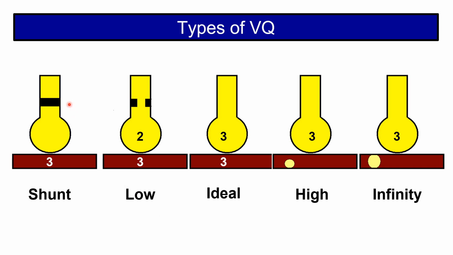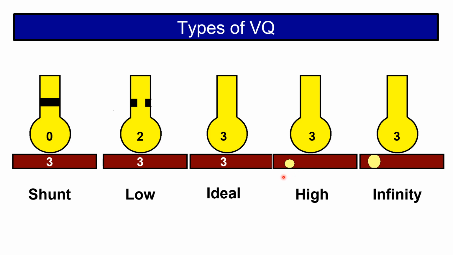If, for example, there's total blockade of the ventilation of the airways, the ventilation now will become 0. 0 over 3 is 0, and this is known as a V/Q of 0 or a shunt V/Q relationship.